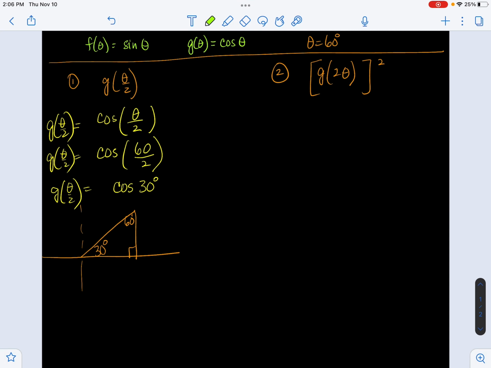And we use our special triangle concept. The smallest side would be 1, hypotenuse, which is the largest side, would be twice of the smallest side, and root 3. Cosine is defined as adjacent over hypotenuse. In this case, that's the adjacent and that's the hypotenuse, so root 3 over 2.